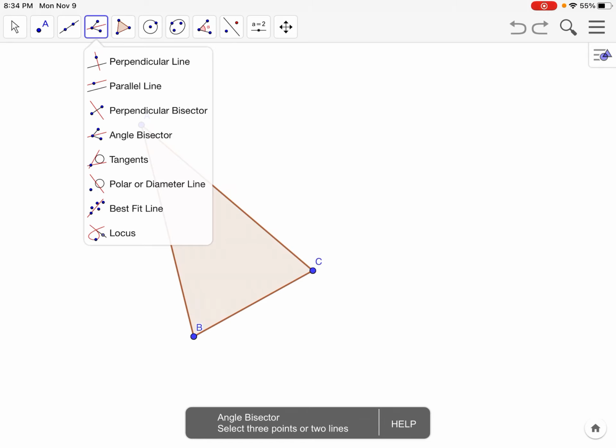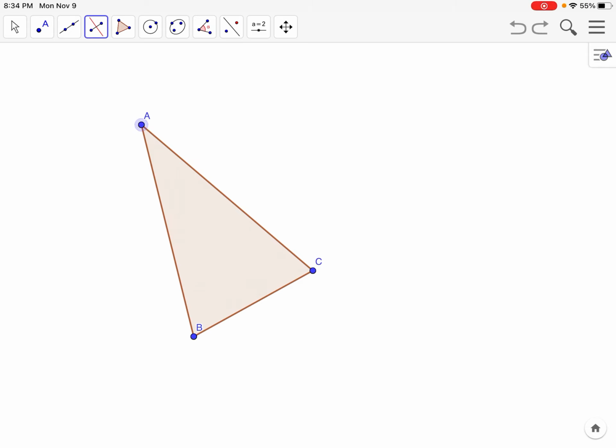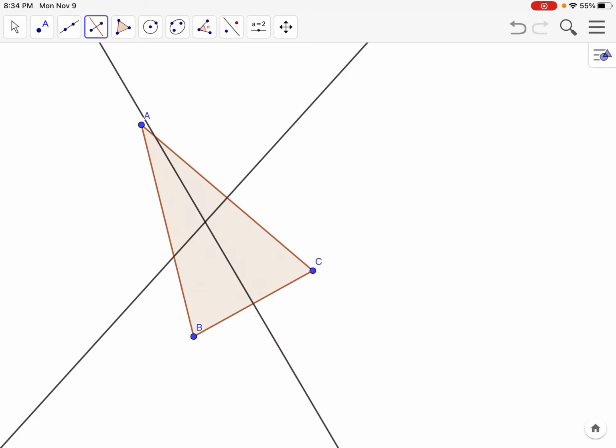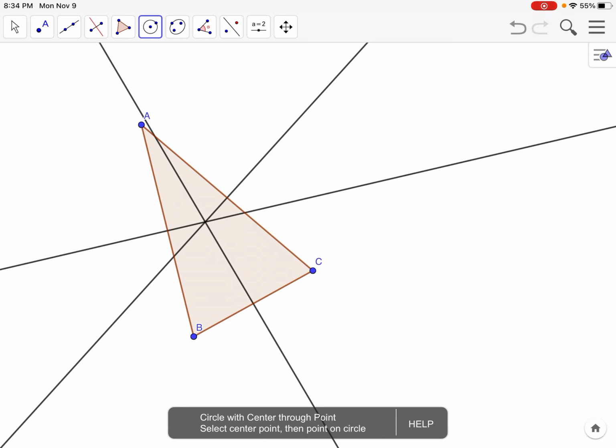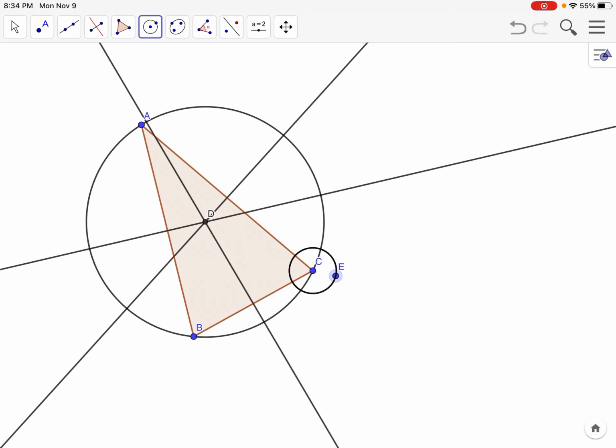The next thing is our perpendicular bisectors. I'm going to go from A to C, there's one, C to B, there's one, and B to A, there's one. And again, miraculously, they all meet in the same spot. When I draw a circle where the center is at the circumcenter, and I pick a point, let's say C, the radius makes a circle that circumscribes, goes around the outside of your figure.